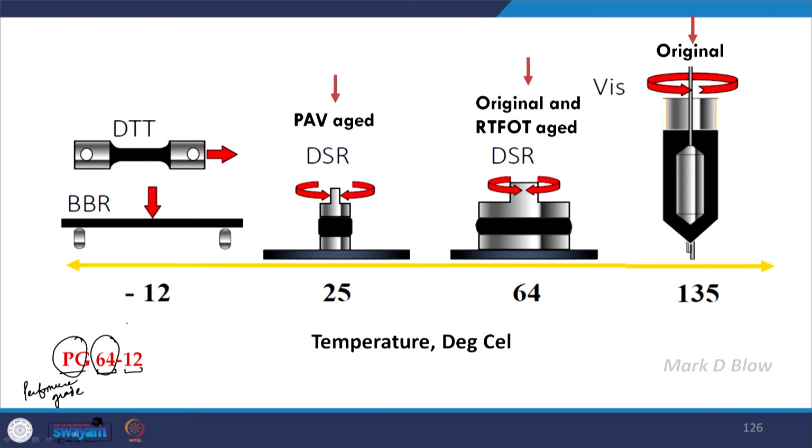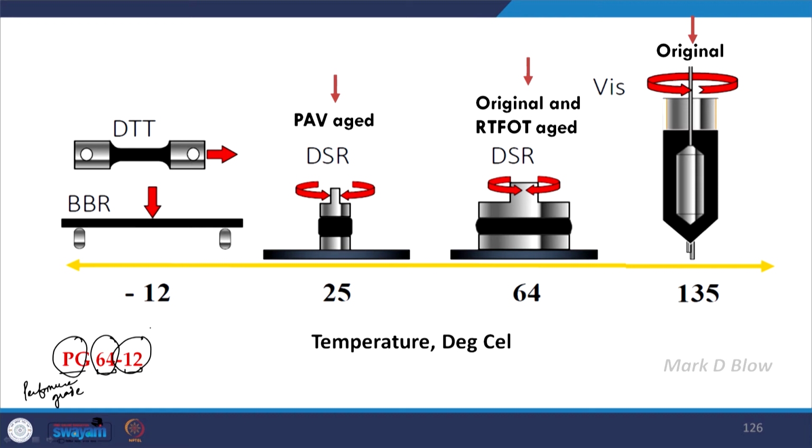This first term represents the 7-day average maximum temperature of the pavement where we are going to do the construction using this bitumen, and minus 12 represents the lowest temperature of the location where we are going to do the construction, or the project for which we are going to select the bitumen sample. And this slide shows you the range of temperatures which is covered during the testing.